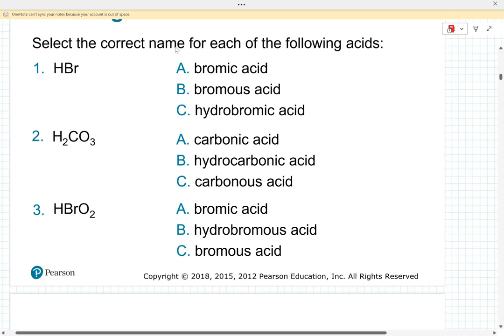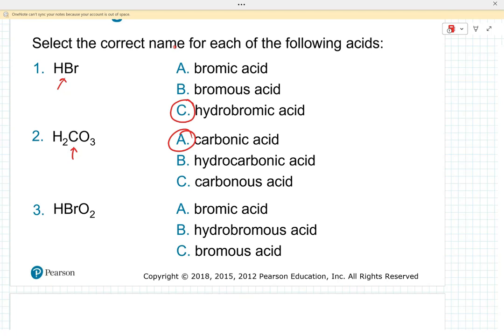So, HBr, which answer is that? C, because there are no polyatomic anions. This one, the carbon. So, how do you know that it's carbonic and not carbonous? 3 is the maximum number of oxygens that you can have in acids derived from carbon. Make sense? So the maximum number of oxygens is going to be IC.